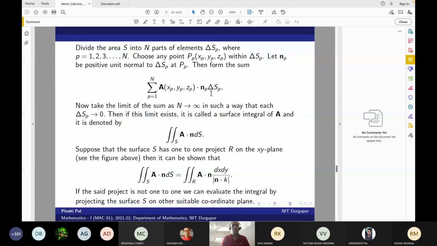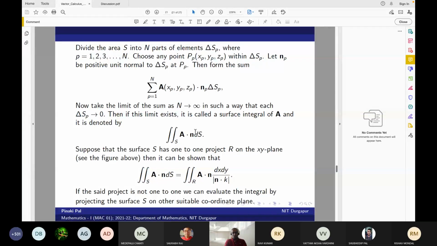If this limit exists uniquely as n tends to infinity, then this limit is called the surface integral of the vector field A over the surface S. So this is the definition.